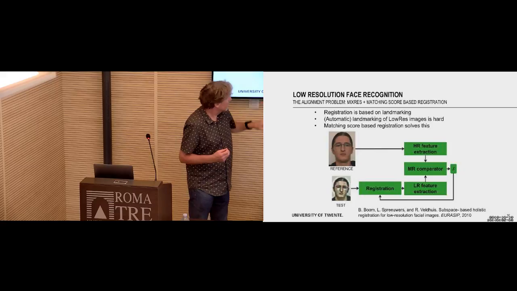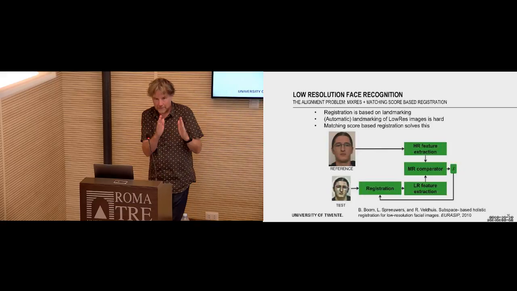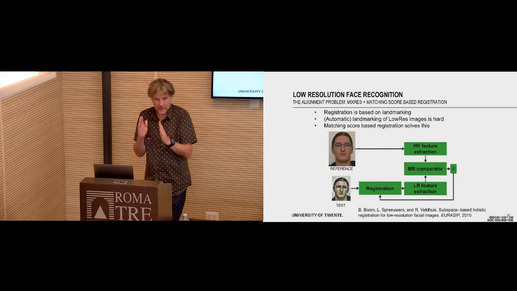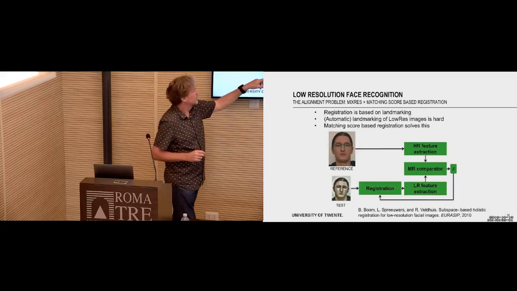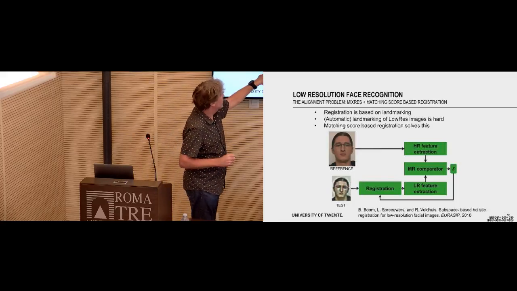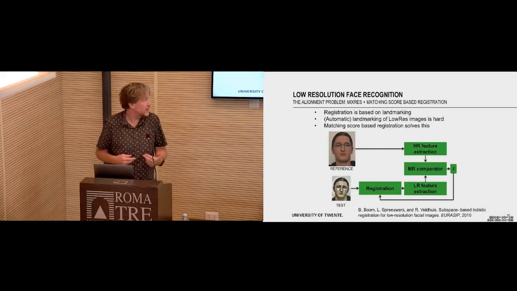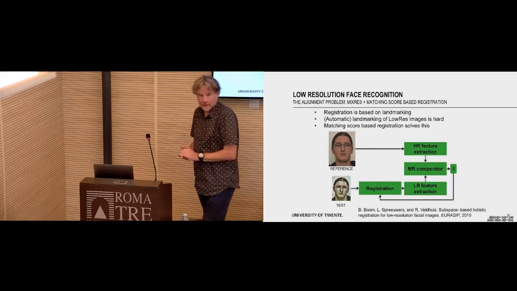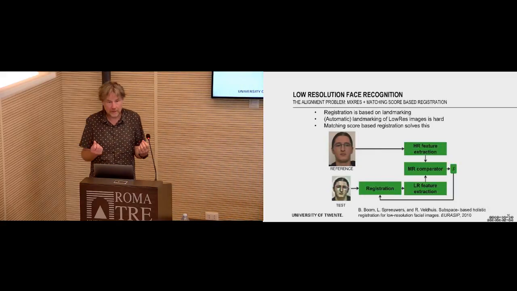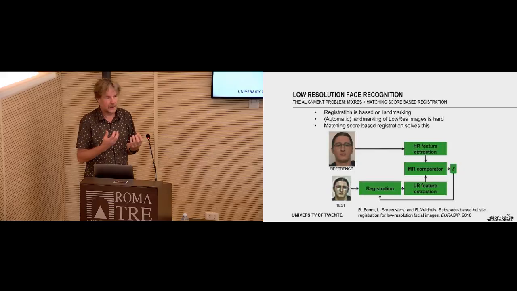What we can do then is move this face around a little bit. If I move it, let's say 5 pixels up, 5 pixels to the right, well, 3 left, 3 right, I get 25 options. If my recognition system is fast, I can make all the comparisons and I simply go for the maximum score. In that case, I don't have to do landmarking, but I have a kind of implicit registration. So that is the other thing that we did.